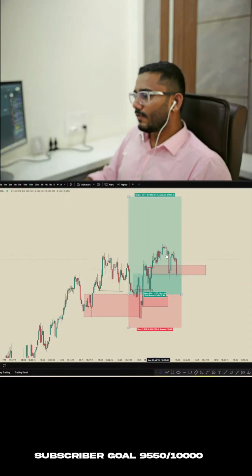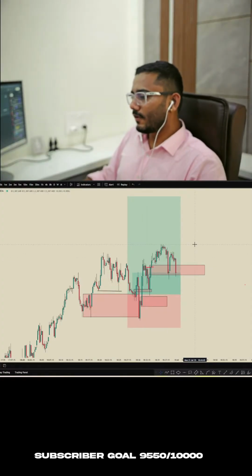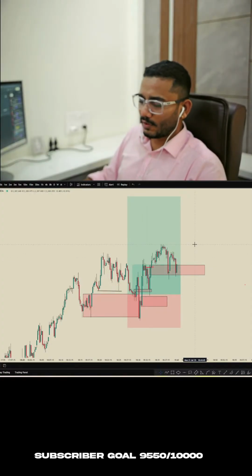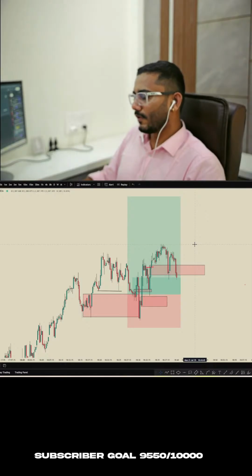And if this imbalance gets fulfilled, as I already said, probably we'll see some kind of rejection from this area. And probably it will not go in our direction.